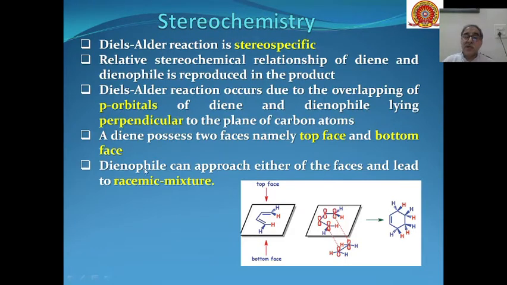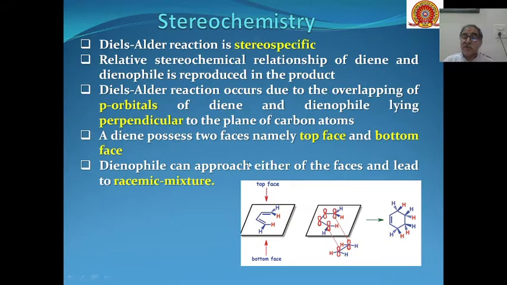The dienophile can approach either of the faces and lead to formation of a racemic mixture. So for example, if you take this diene, this is the top face and this is the bottom face. The dienophile can approach from both the faces, and that is why a racemic mixture will be formed.